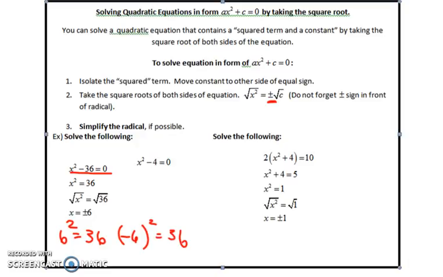So if I'm solving x squared minus 4 is equal to 0, we want to isolate the square, so x squared is equal to 4. Square root both sides. So x is going to be equal to plus or minus 2.